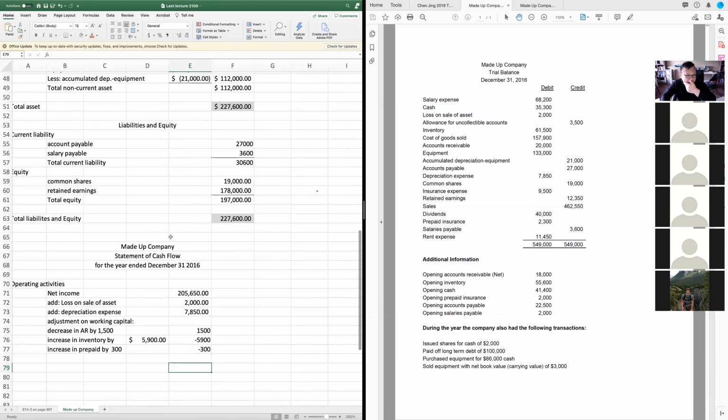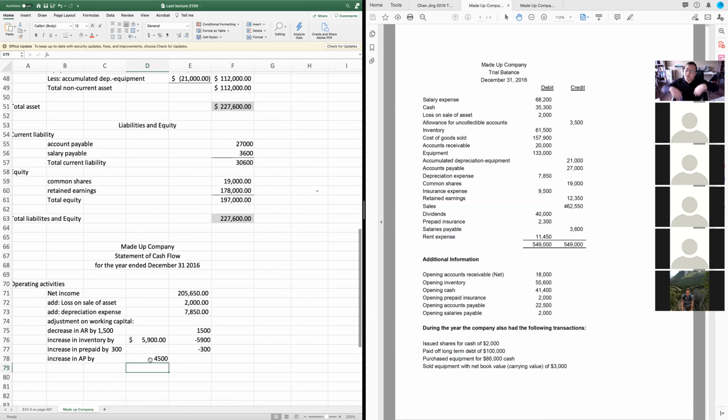Current liability. So your opening current liability of accounts payable is 22,500. Ending is this number minus opening 22,500, so an increase in AP by 4,500.